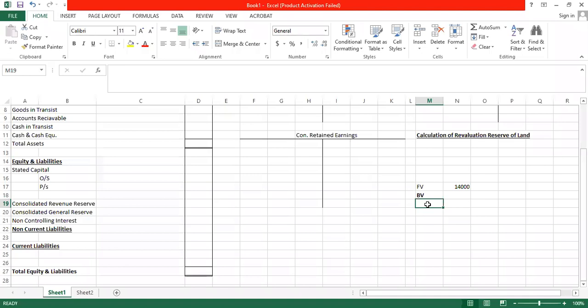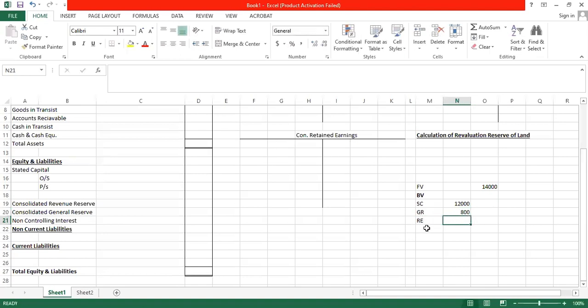Here, the stated capital, under the book value, is 12,000. This is only for Sita PLC. Then the reserves come under the book value of net assets: general reserve, it is 800. Then the retained earnings.